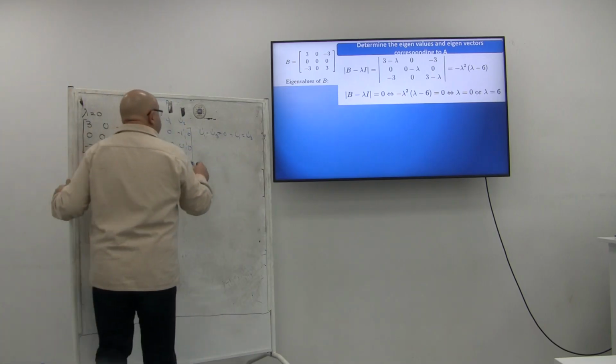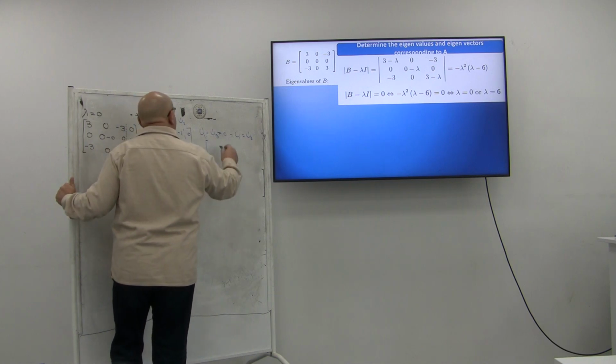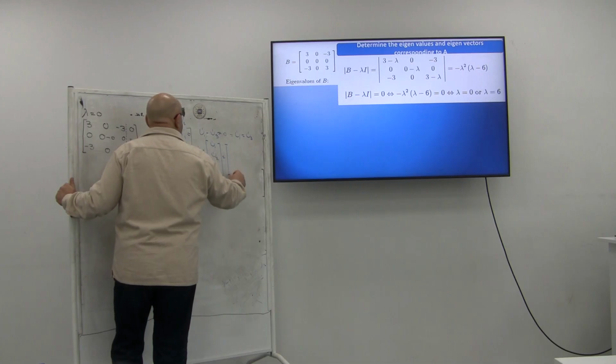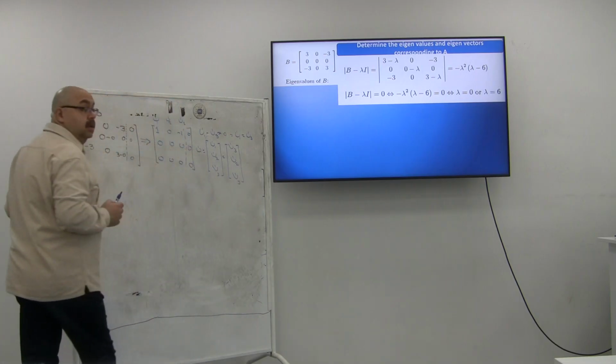I know that the first vector contains how many components? 3. u1 sub 1, u1 sub 2, u1 sub 3. Am I right? Make the substitution, please. So it's going to be u1 sub 3, u1 sub 2, u1 sub 3.